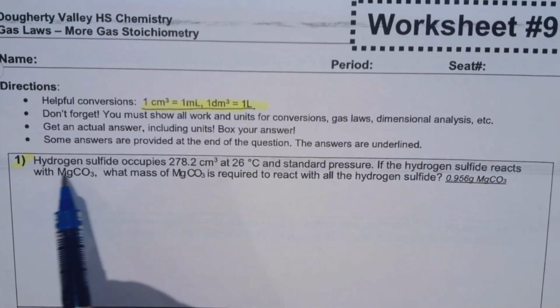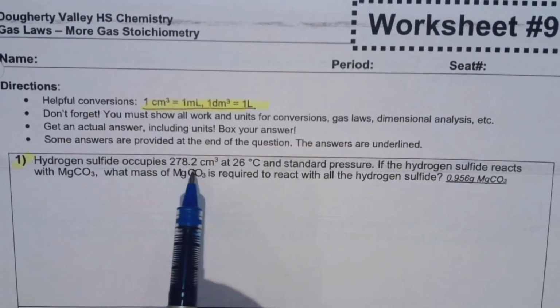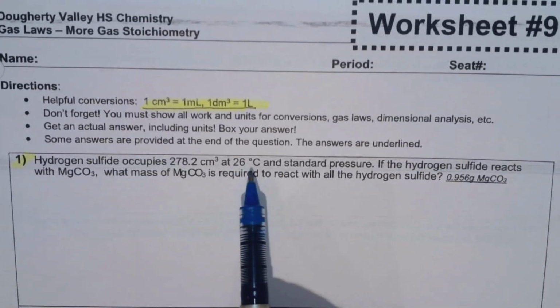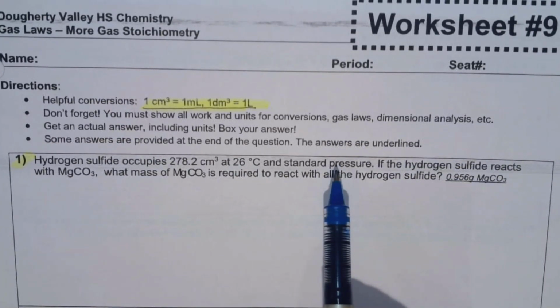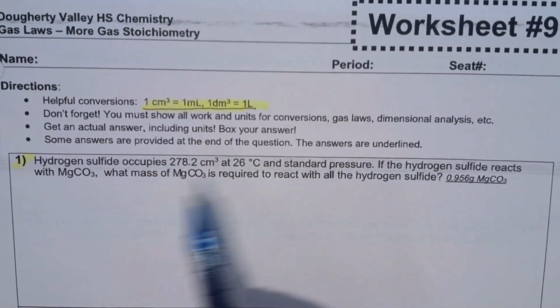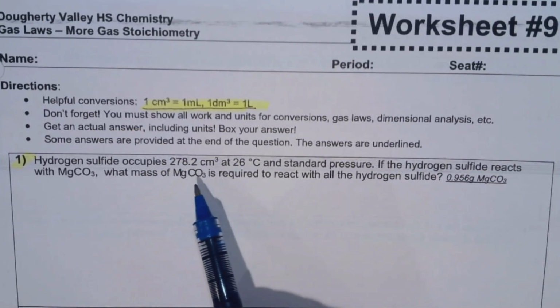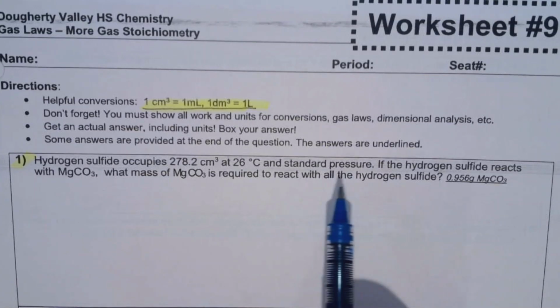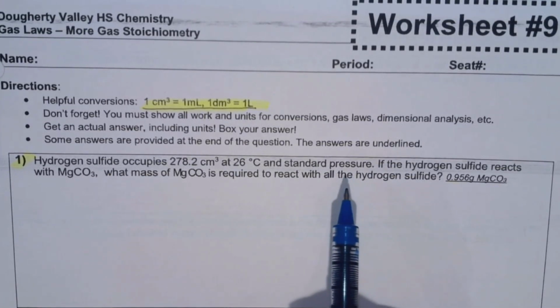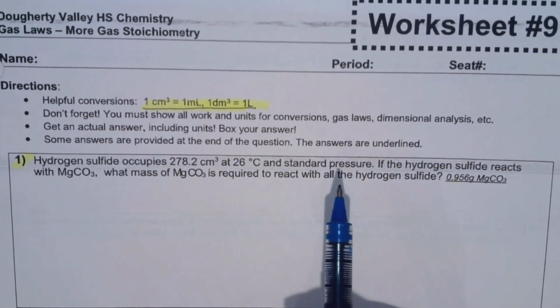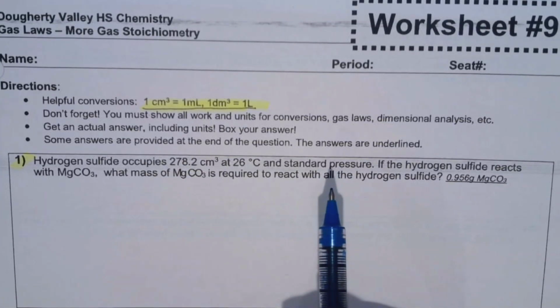It says hydrogen sulfide occupies this volume at this temperature and standard pressure. If hydrogen sulfide reacts with MgCO3, what mass of MgCO3 is required to react with all of the hydrogen sulfide?